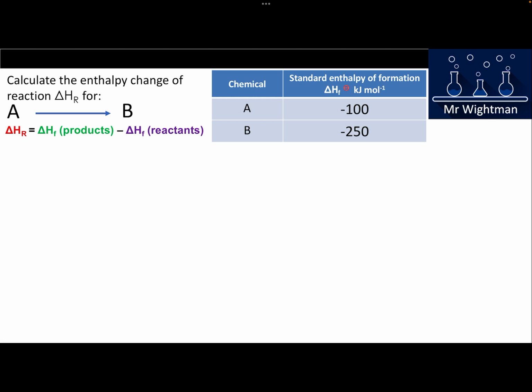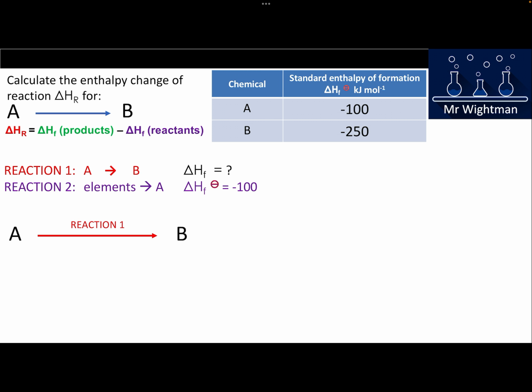But to construct a Hess's law diagram, well, normally the reaction that we tend to investigate, or delta HR, would be written across the top. So reaction 1 would be A becoming B, and then my other reaction I'll call reaction 2, as provided by the data in the table.